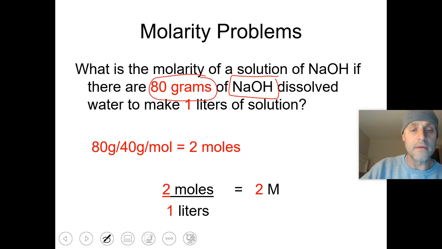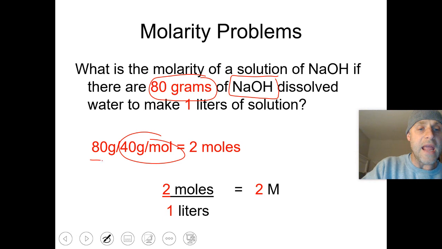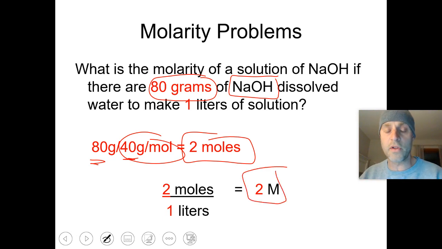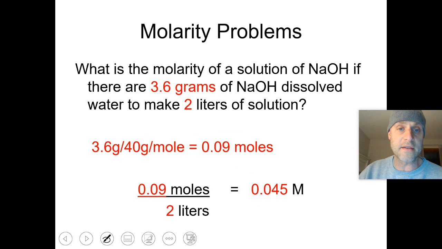Well, 1 mole is 40 grams, and 80 is twice as much as 40, so I must have 2 moles. 2 moles over 1 liter. My concentration is 2 molar. And I'll show you how to do that more mathematically on Friday, but I just conceptually wanted you to understand this.